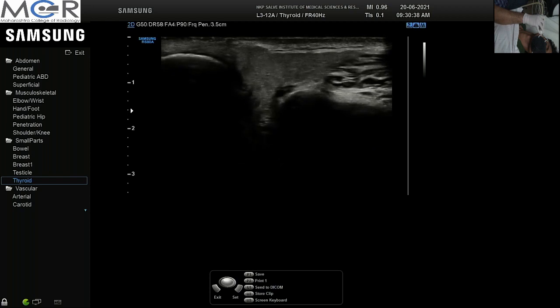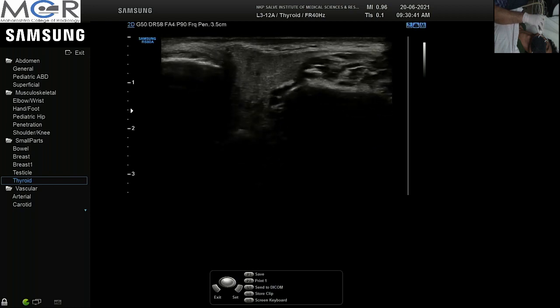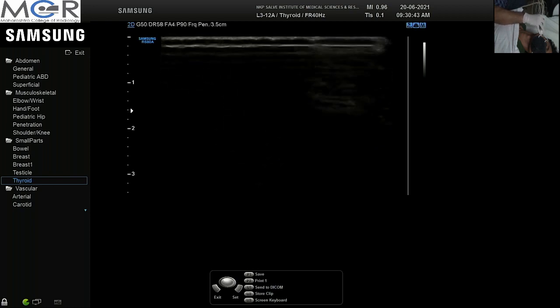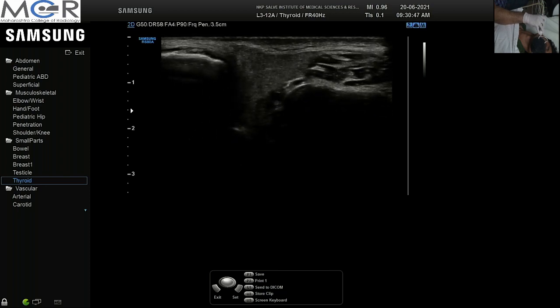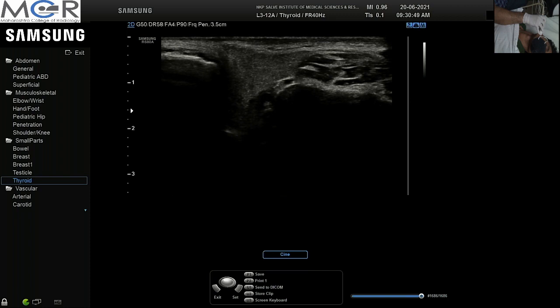This is the axial section I am taking at the level of the ramus of the mandible. So we can see the parotid gland here, the masseter muscle. This is the ramus of the mandible.